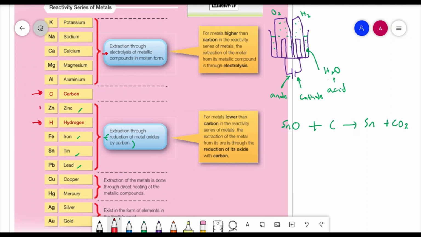Another example, iron oxide can be reduced by carbon to form iron and carbon dioxide.